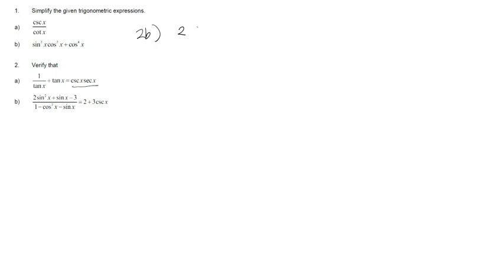So 2 sine squared x plus sine x minus 3 divided by 1 minus cos squared x, where cos squared x can be replaced by 1 minus sine squared x, minus sine x.